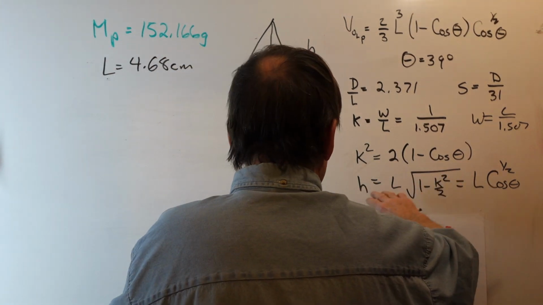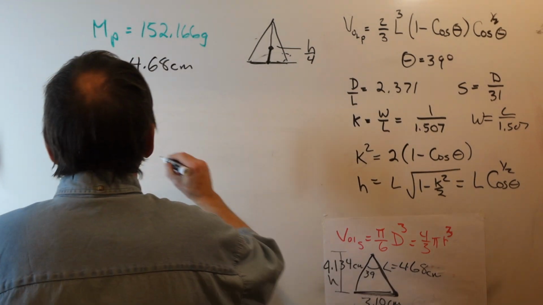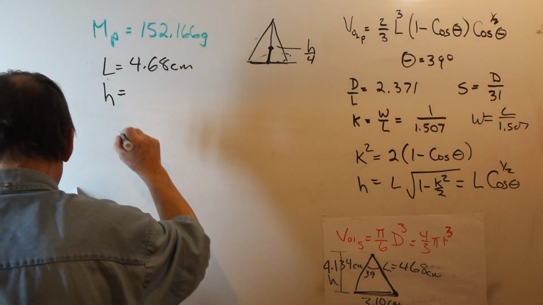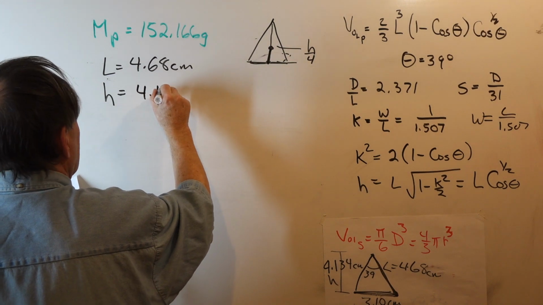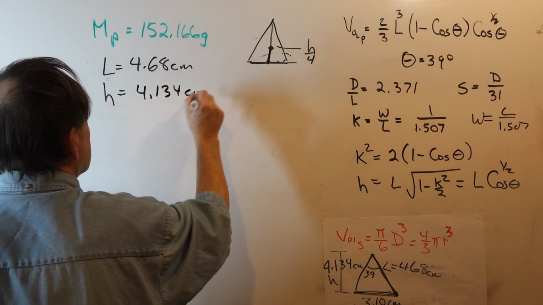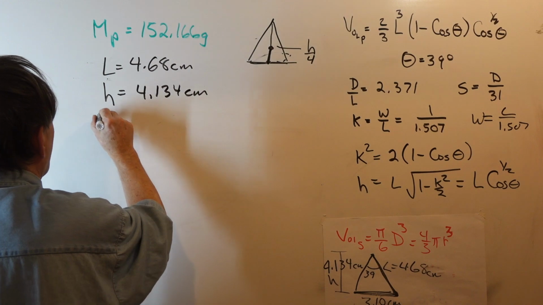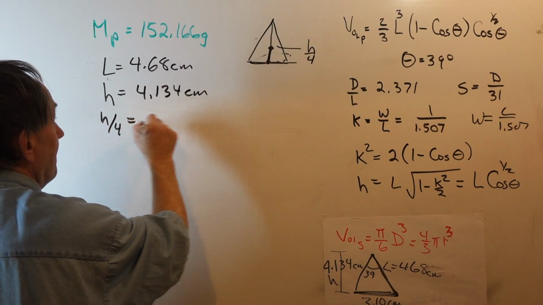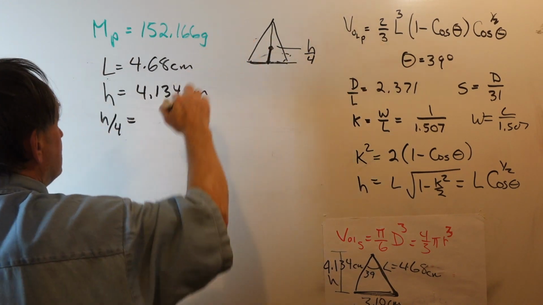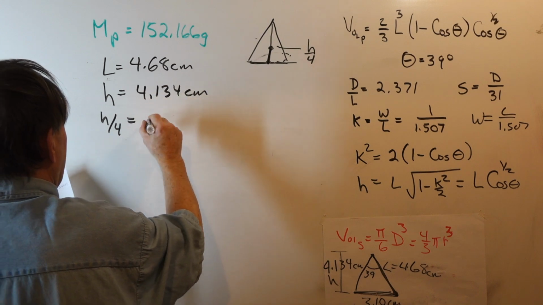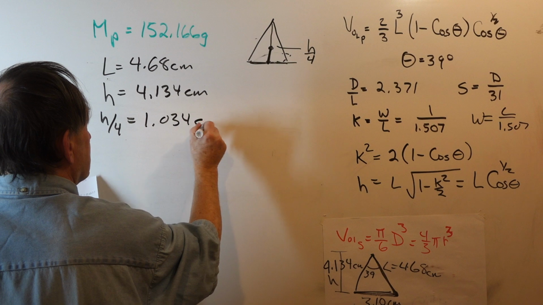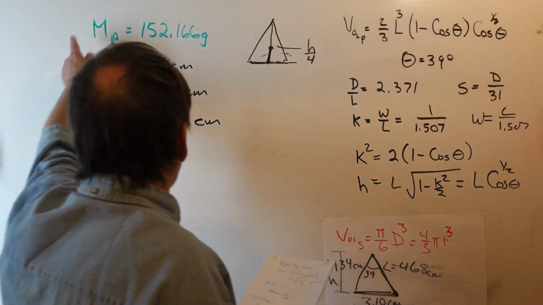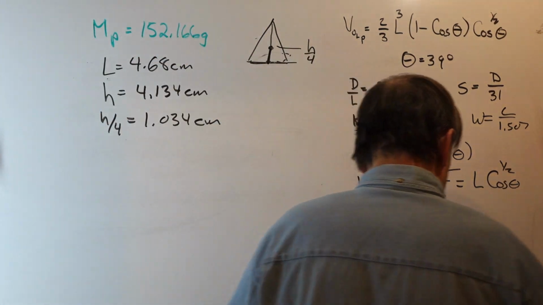Now, with this computation here, our H then works out to 4.134 centimeters. So H over 4, which is the center of mass up from the base, is 4 into that, which is 1.034 centimeters. So these are the actual dimensions.